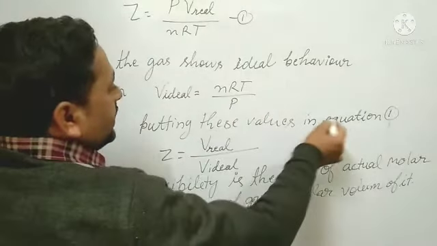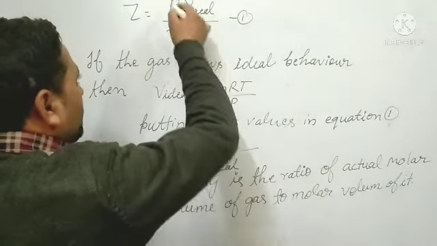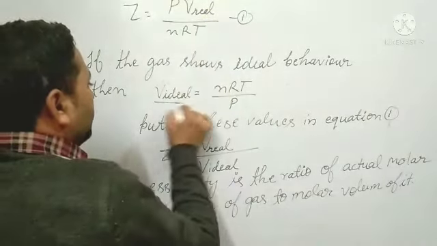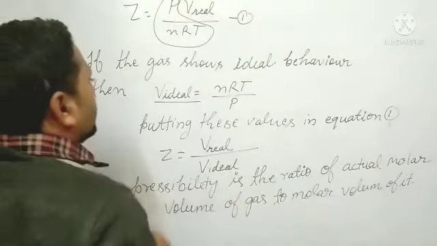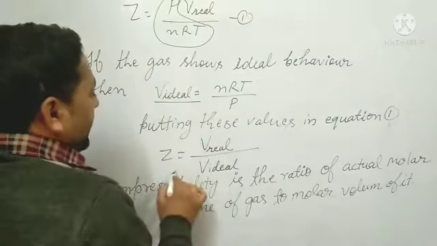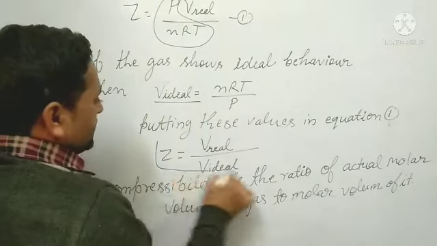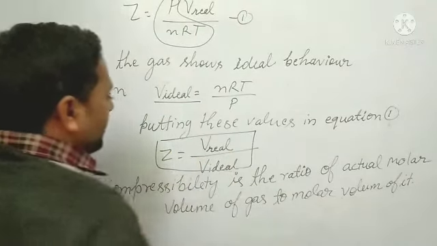Putting this value in the equation, we can write Z equals V real upon V ideal.